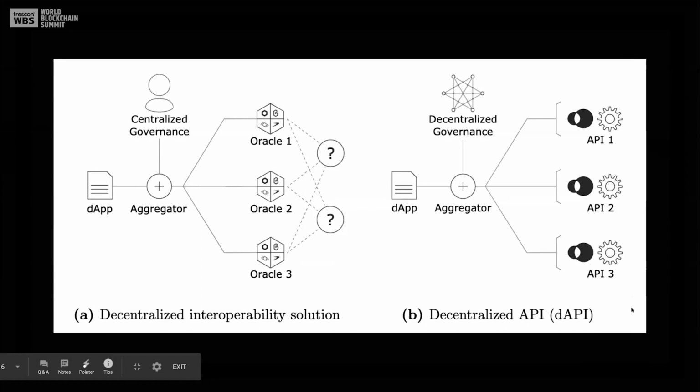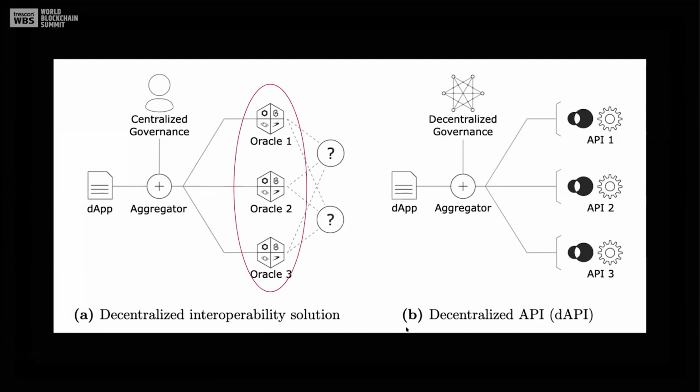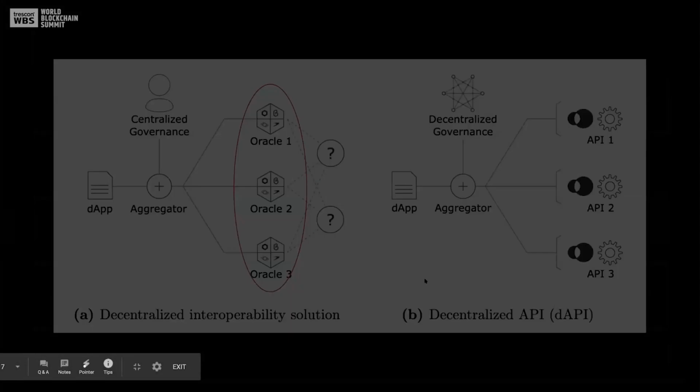We recognize that people need data from APIs, and it makes much more sense to have API providers provide that data directly than having these third parties. So that's what I circled here. These are, in the existing solution, what we call third-party oracles that get data from some unknown source and transmit it onto the blockchain. And I'll discuss why this is an issue in the next slide.